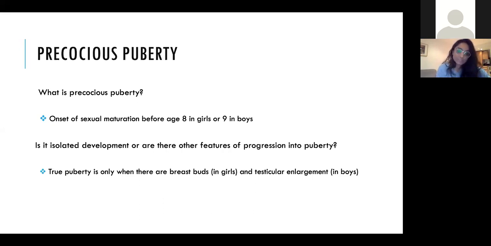Is it an isolated development, or are there other features of pubertal progression? So it's really important to take a thorough history and do a detailed examination, because it changes your management plan, whether it's an isolated development or if there are other features present. Okay, so by definition, true puberty is only when there is breast development in girls and testicular enlargement in boys.